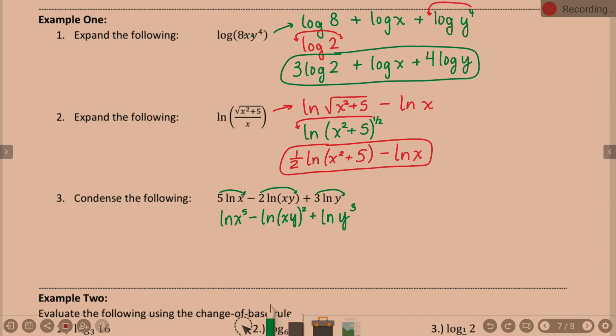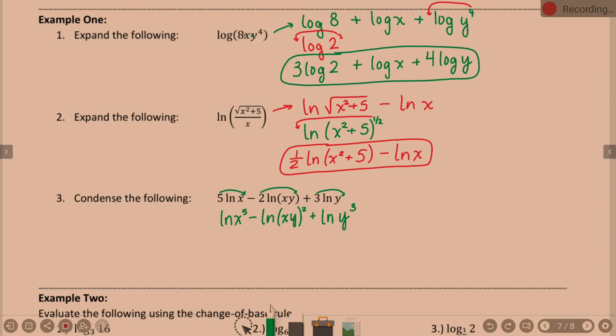Now, and here's what I'm going to argue. There's a couple of different orders we can do this in, yes? Before we decide how we want to proceed, we're going to talk about that. So, one option, these first two are being subtracted, yes? If we do those first, we're going to have what? X to the fifth over the xy squared.